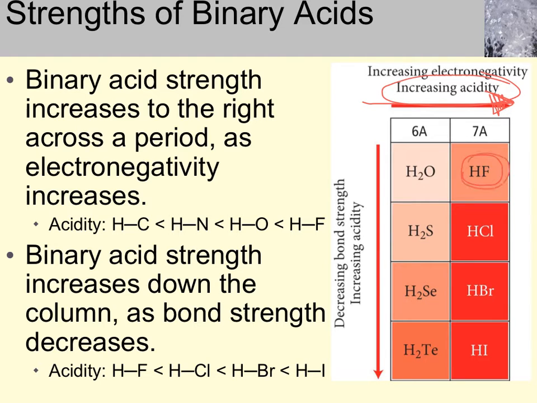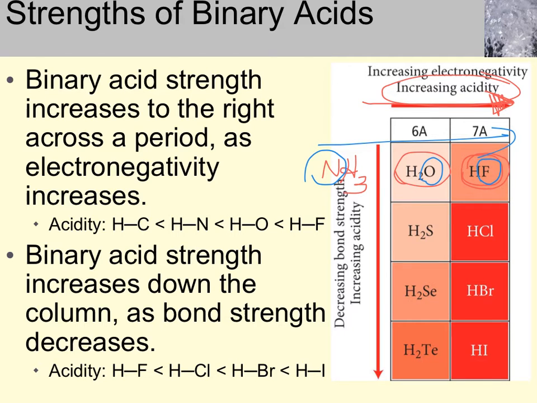So hydrofluoric acid is more acidic, is a stronger acid than water, for example. And water, of course, is a stronger acid than ammonia, okay? So going from nitrogen to oxygen to fluorine, acidity increases.